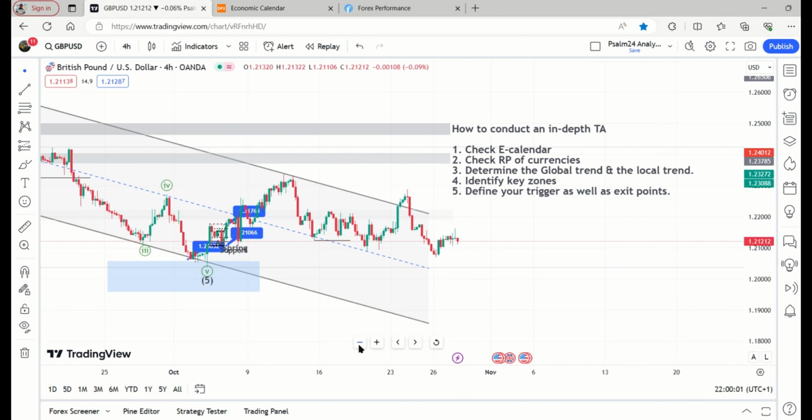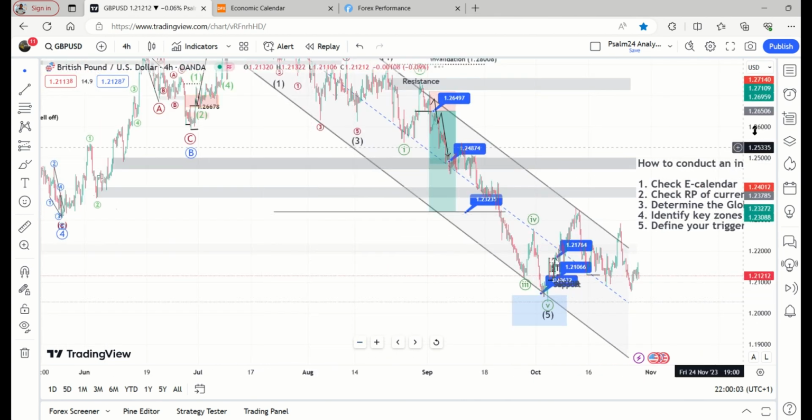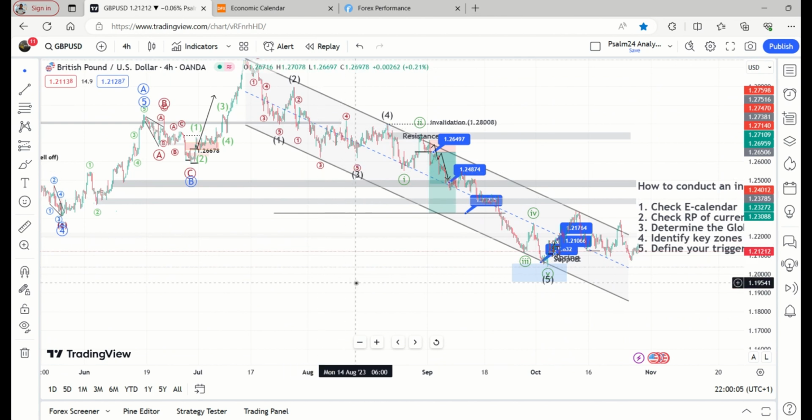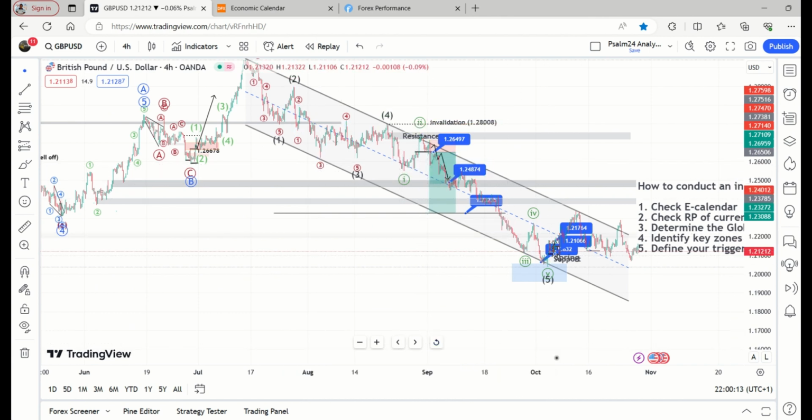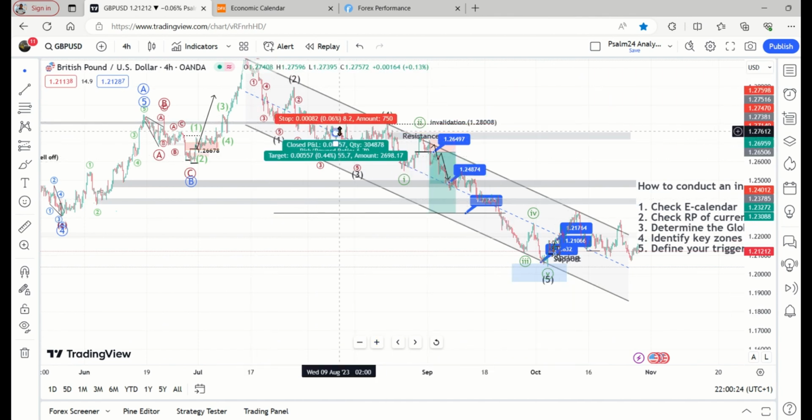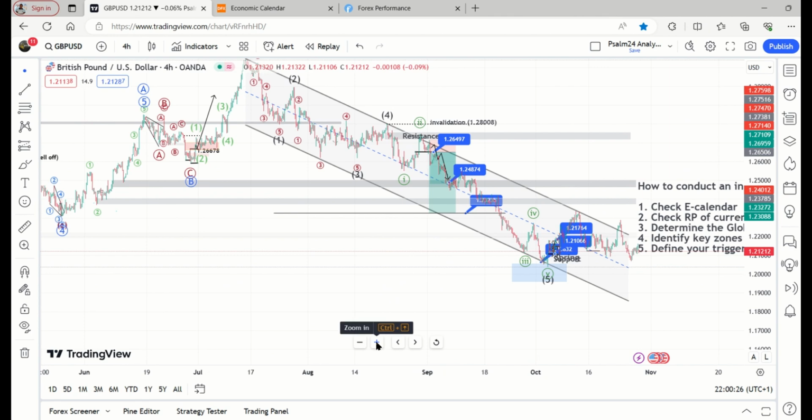If you look at this pair carefully, it has been in a downtrend since July, August, September. This is September, and we are currently at the end of October. In 2 to 3 days, we are out of October. So the global trend of GBP USD is bearish.